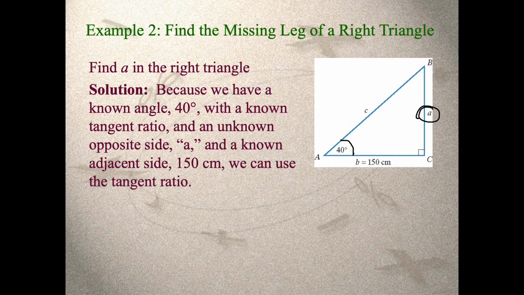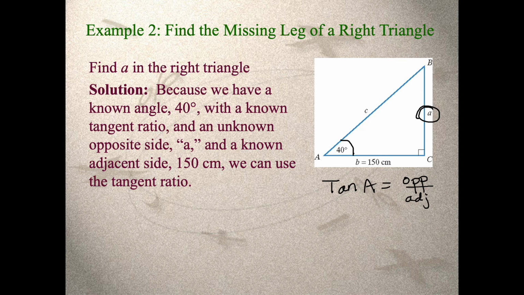So our tangent ratio, remember we're doing the tangent of A, which is going to be equal to the opposite over the adjacent. All right, so we know A, that's 40.